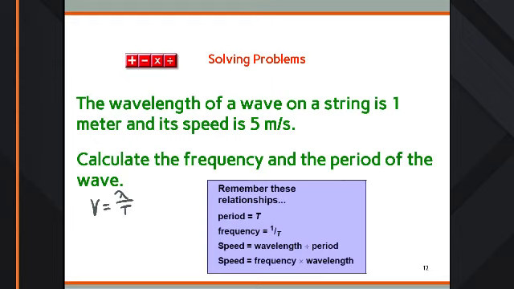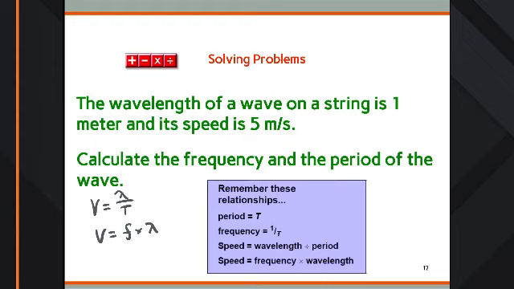And the other way we could do this is frequency times wavelength.